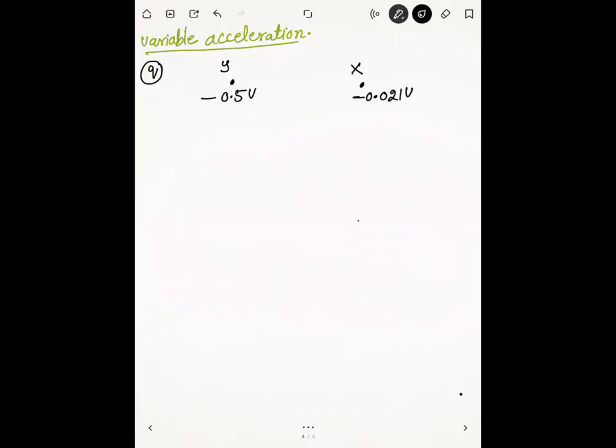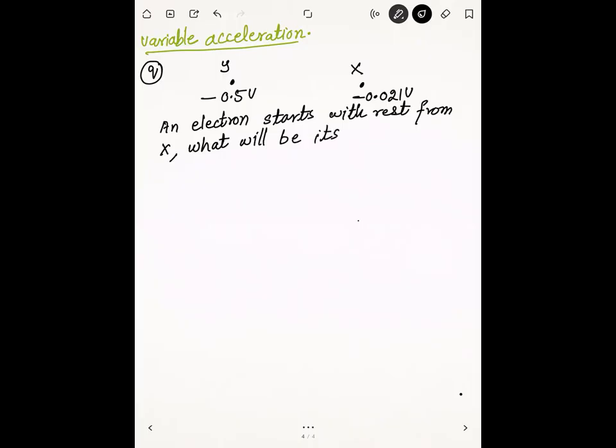The question is, an electron starts at rest from X. What will be its speed when it reaches Y?